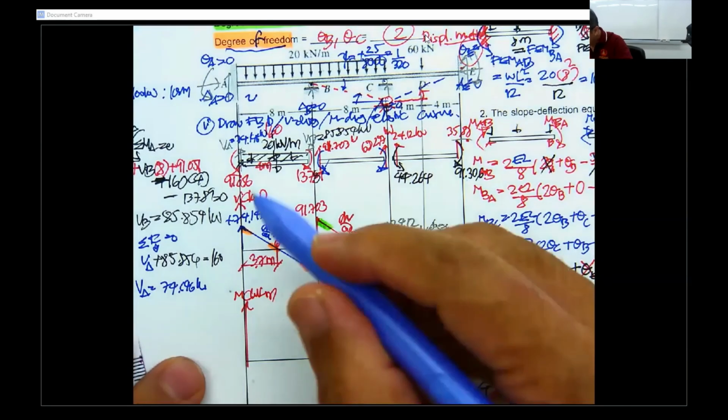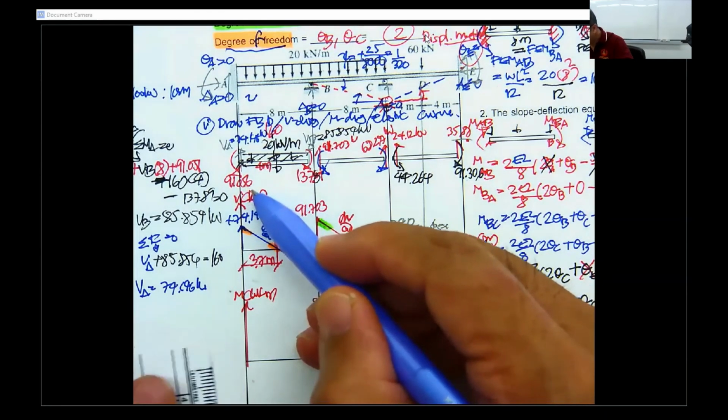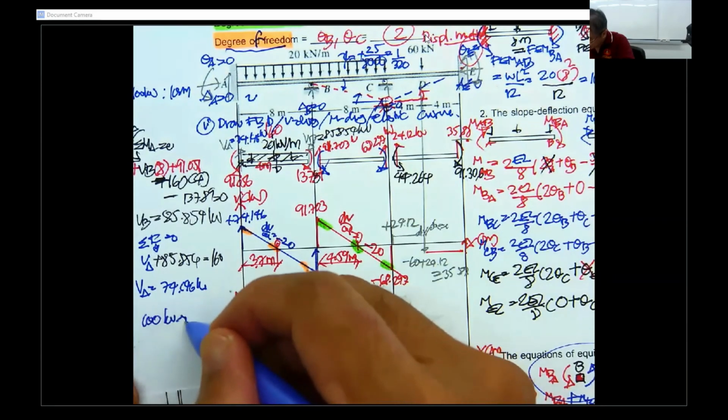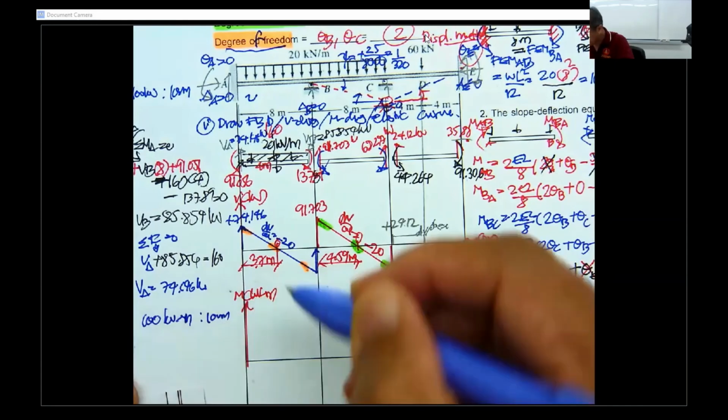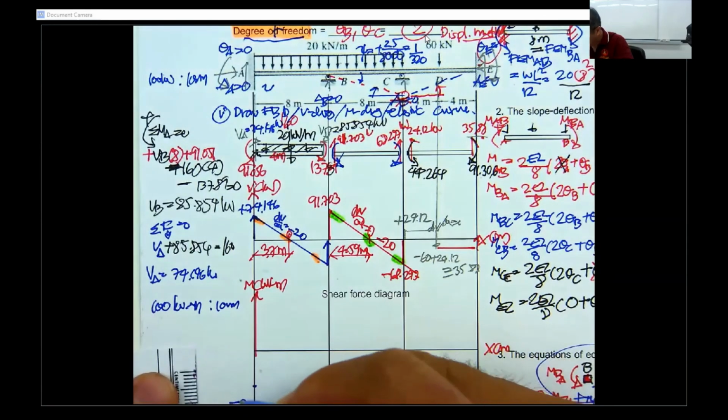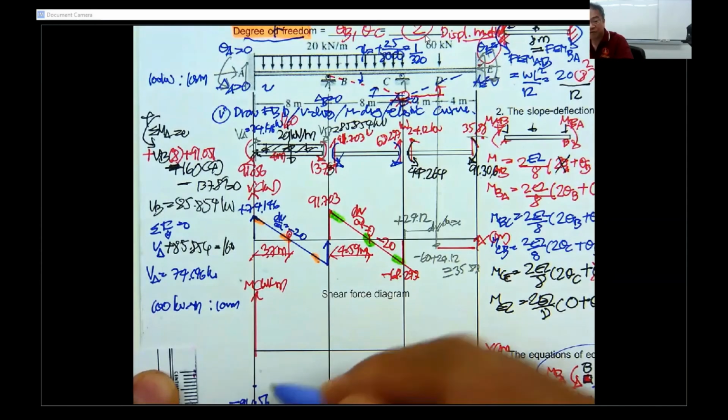And then you guys have the 191.056 again, 100 kilonewton meter per 10 millimeter. This is negative. Okay, this is going to be minus 91.056.